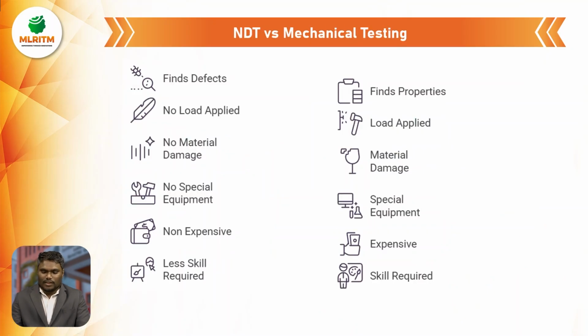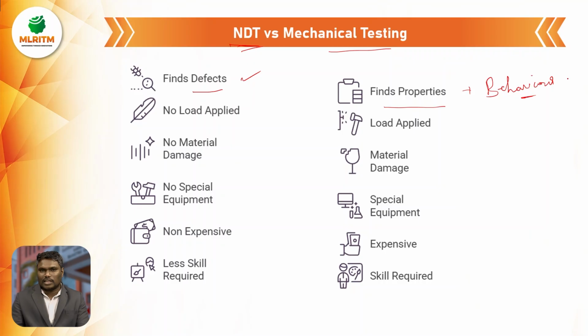Okay, and then we'll be discussing NDT and mechanical testing. There are basic differences between non-destructive testing and mechanical testing. In non-destructive testing, we can mainly find defects. In mechanical testing, we find the properties and also the behavior of the materials.